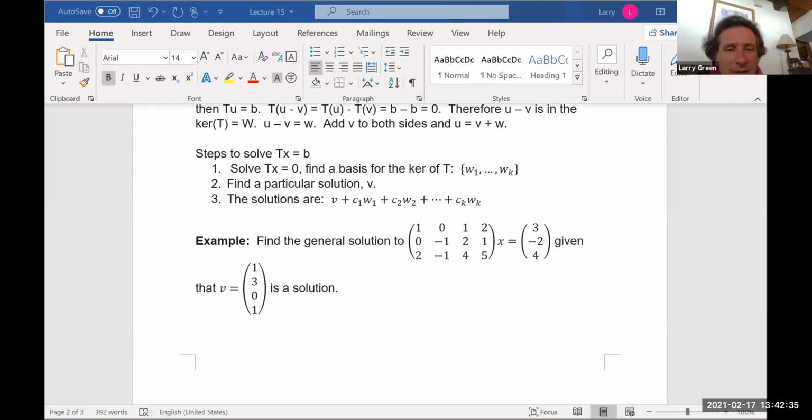But if you're stuck, you can always ask or pop in the chat box. And I actually made this one really easy to do by hand.